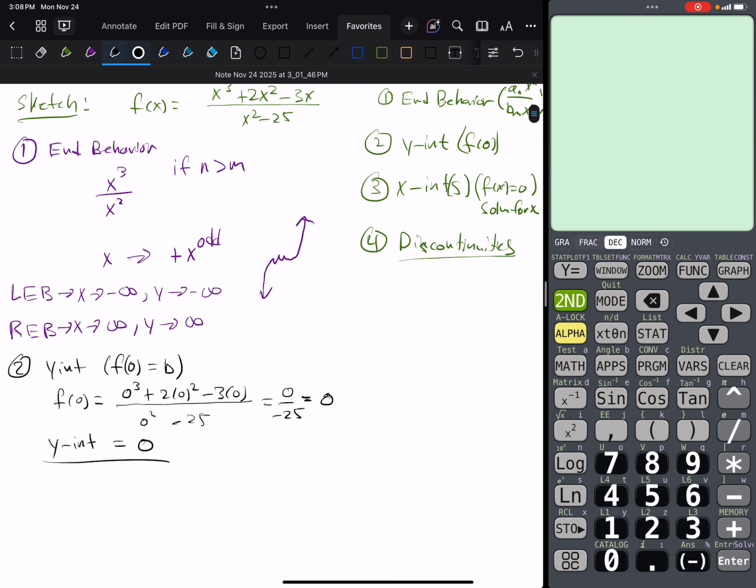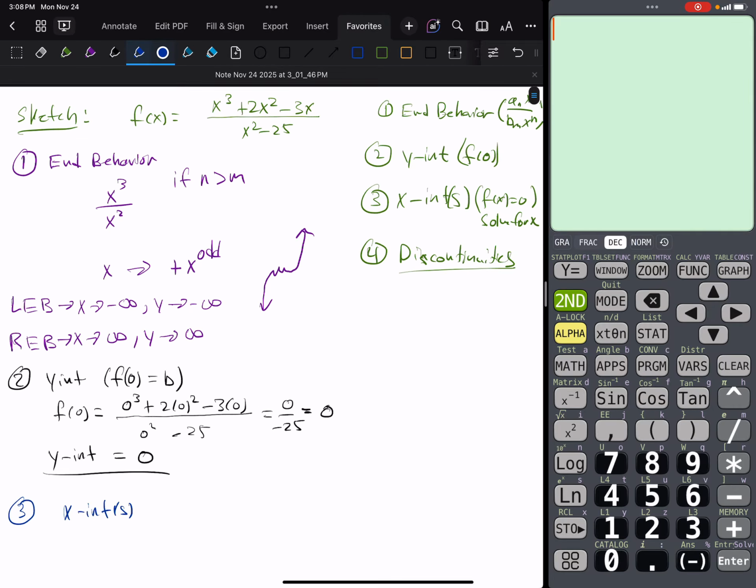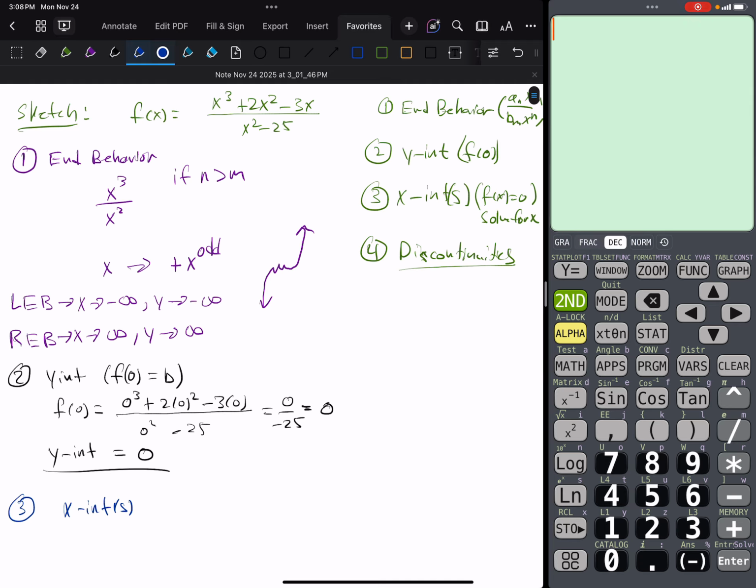Okay, now I need to find my x-intercept. All right, so let's do 3. 3 would be my x-intercepts, if they exist. There might be one, there might be none, there might be many. What do I do? I take my numerator, my x cubed plus 2x squared minus 3x.